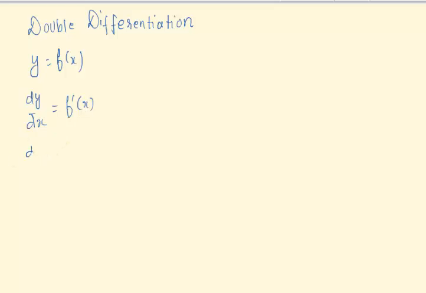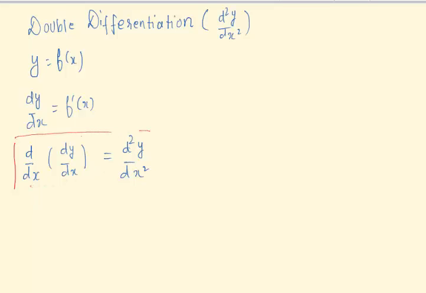Now, if you differentiate it one more time, so you differentiate the expression for dy by dx in x, then it is called double differentiation and is represented by d2y by dx2. So double differentiation is simply d2y by dx2. This is the representation, and it is nothing but d by dx of dy by dx.